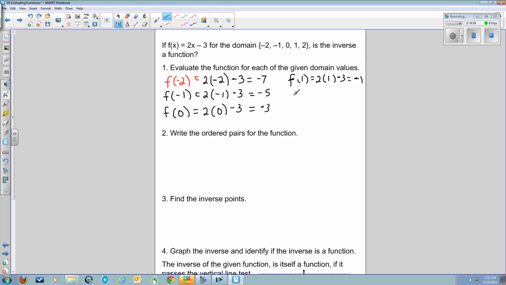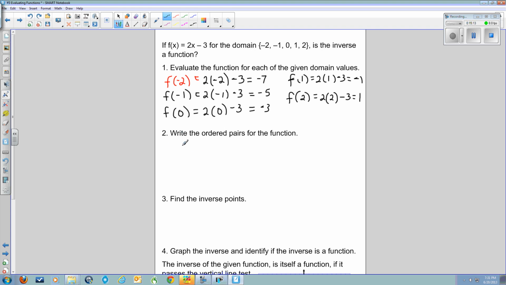And lastly, we have f of 2. So we're saying 2 times 2 minus 3. Well, 2 times 2 is 4. 4 minus 3 is positive 1.